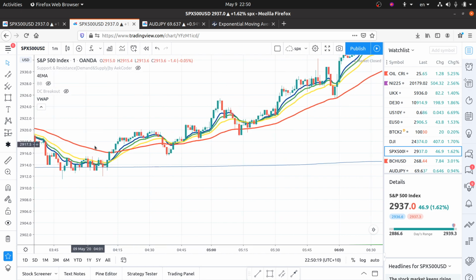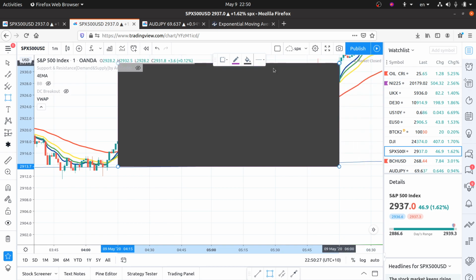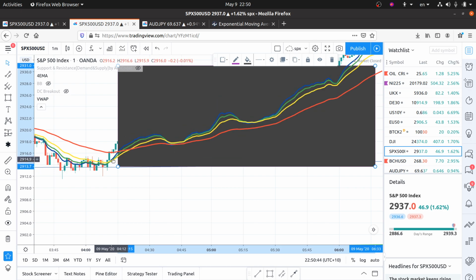The red line is coming across. So we'll build that box again. We're at this point here. The red line is heading on a slight incline upward, and notice the blue line here is shifting up.